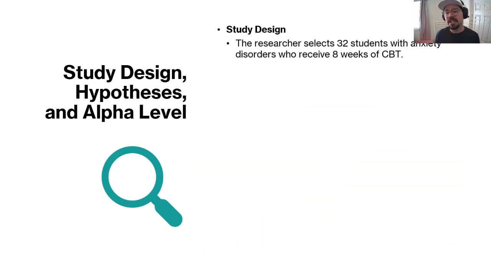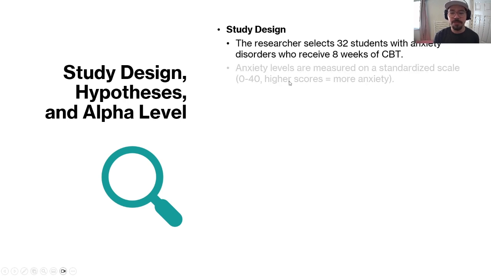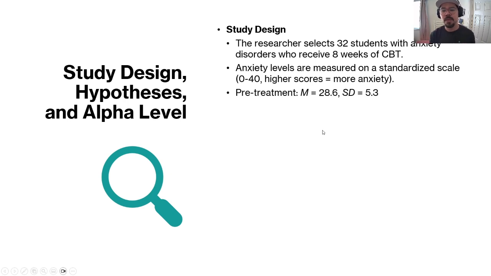So the researcher selects 32 students with anxiety disorders who receive 8 weeks of cognitive behavioral therapy. Anxiety levels are measured on a standardized scale from 0 to 40, where higher scores equal more anxiety.